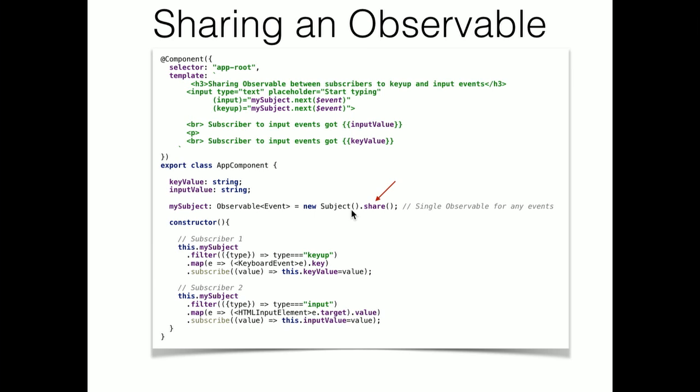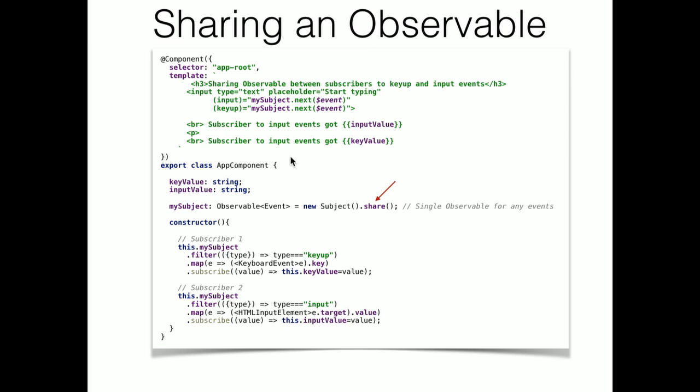If you create this subject and say share, you're saying I want to have the same stream, but I want to have different subscribers, which may be doing different things with the data. Like in this case, I have an input field, I want to handle input events and keyup events, right? On the keyup event, I want to print the symbol that the user typed on the keyboard. On the input event, I want to display the data.